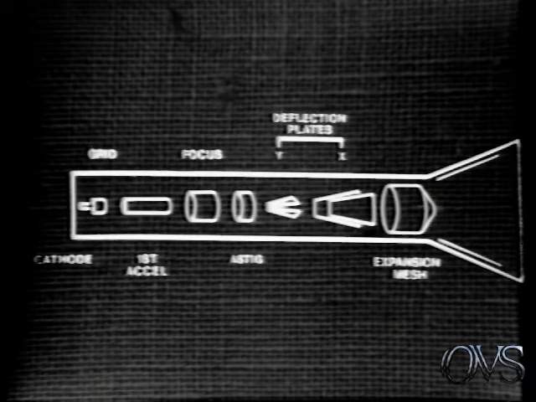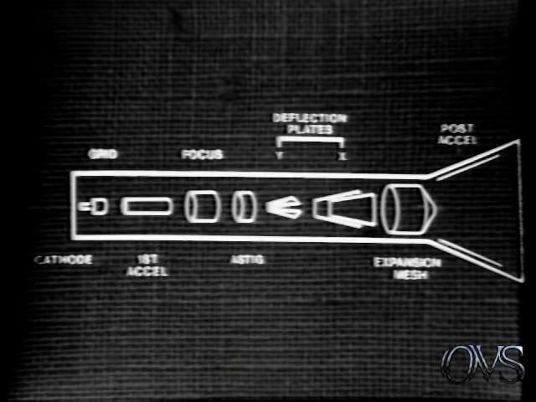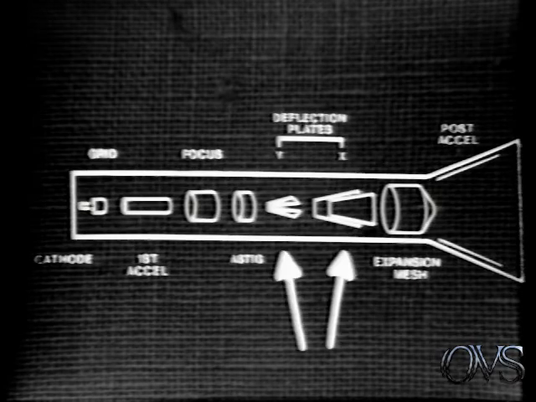The beam is further accelerated by the post-acceleration potential before it strikes the phosphor coating on the CRT face. In addition, small exterior coils are placed around the X and Y axis deflection plates to allow trace alignment and orthogonality adjustments. Refer to Hewlett-Packard Application Note 115 for further information on CRT operating principles.